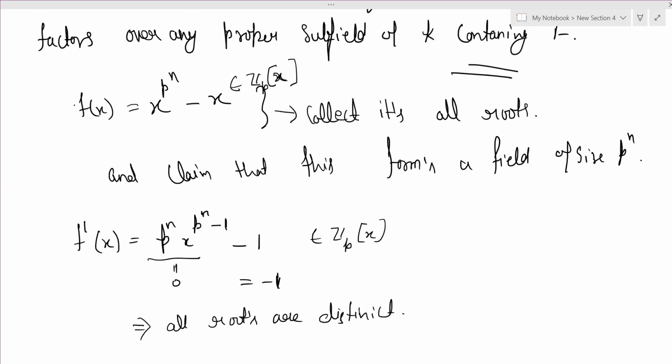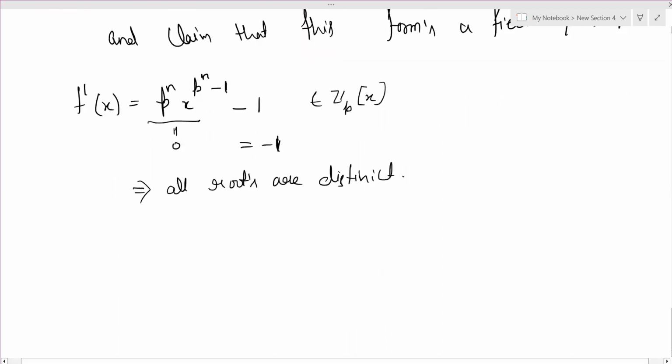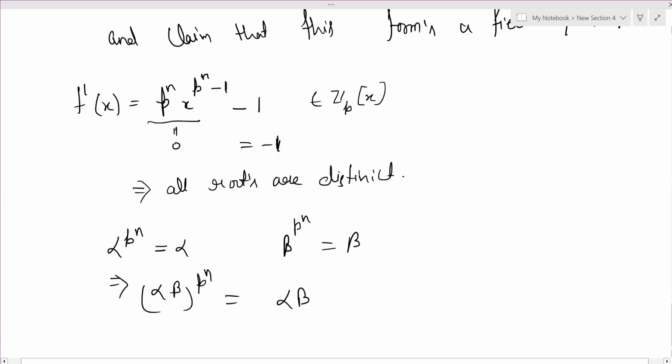How will you check it is a field? Suppose alpha and beta are roots of this. That means alpha p to the power n minus alpha equals 0, so alpha p to the power n equals alpha, and beta p to the power n equals beta. So alpha beta p to the power n is equal to alpha beta, right? So this is also a root.